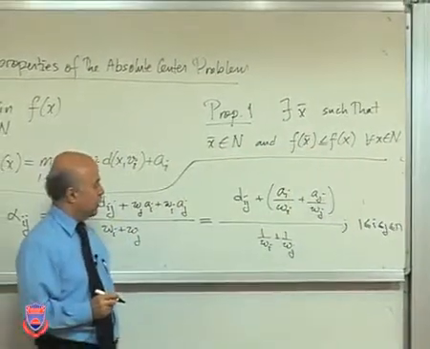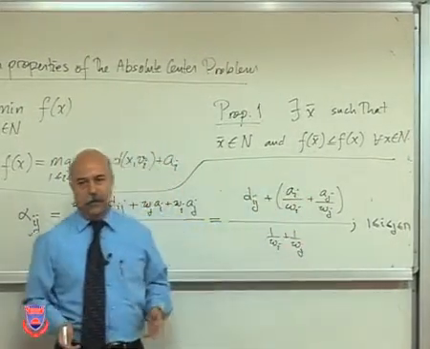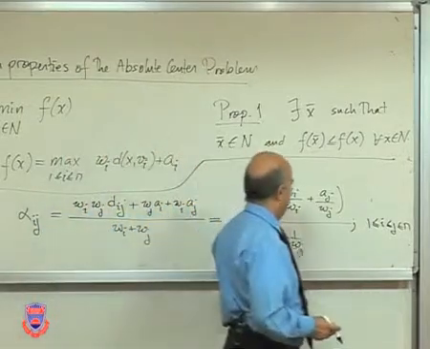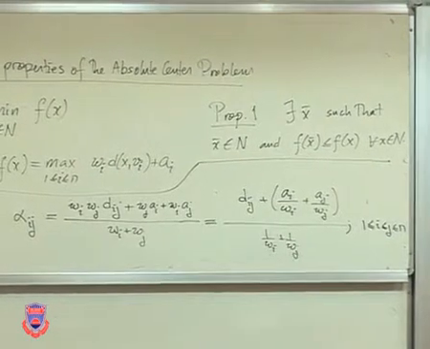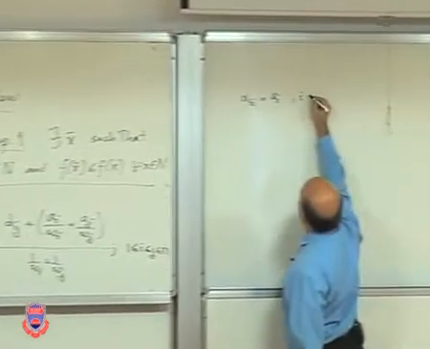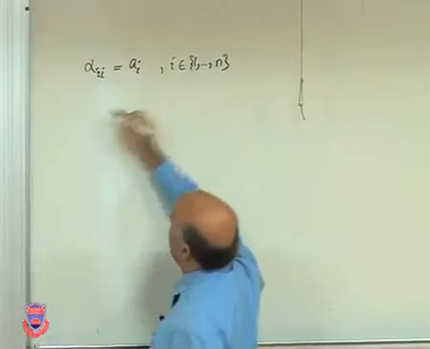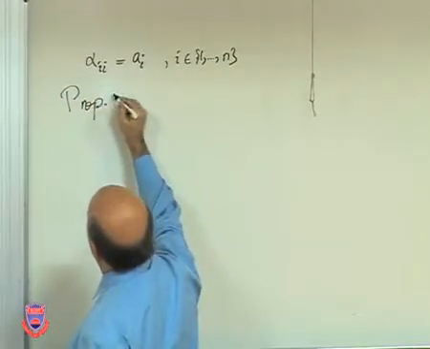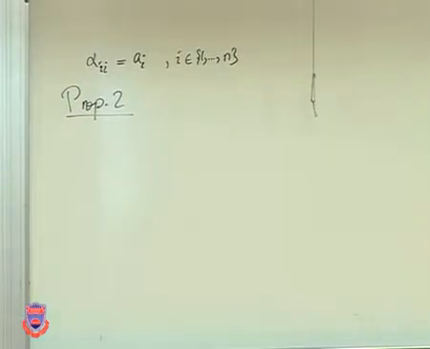Now, of course, some of the ai's might be 0. In fact, all of them could be 0, in which case you simplify the notation. Also, you might notice that when i is equal to j, the output of that is ai. And the property 2 that I started discussing was the following.